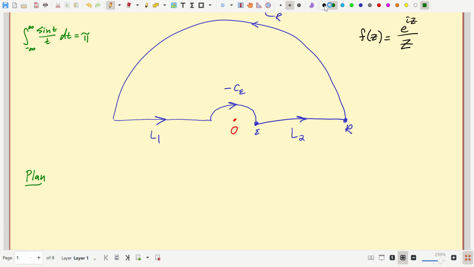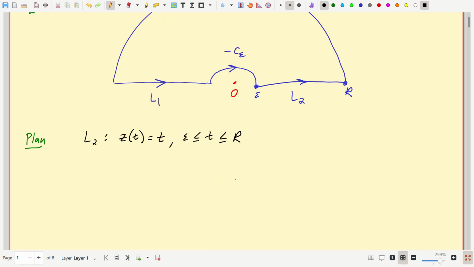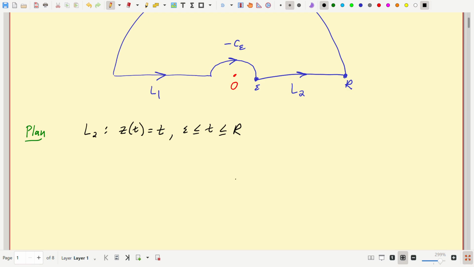Of course, let's see. I like to parameterize. L2 is obviously the integral I want. I'm going to take z of t to be equal to t, as t ranges from epsilon to R. Then I'll very easily get something I want when I write it out, and there the z prime of t would be equal to 1.